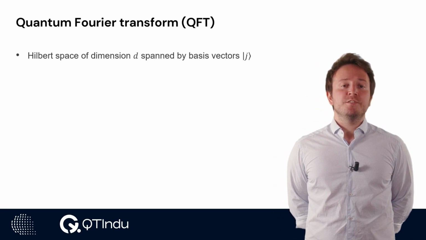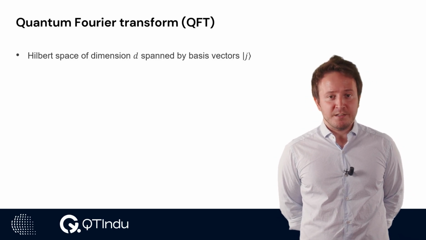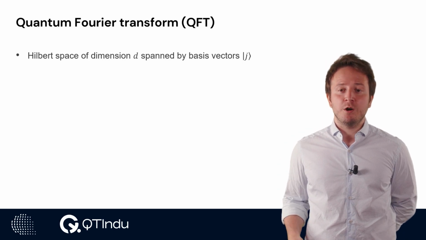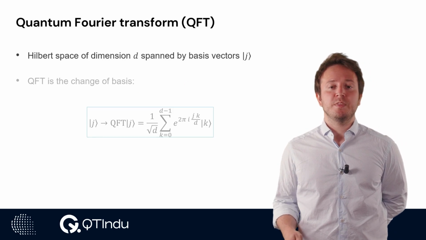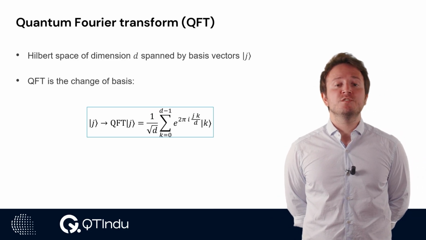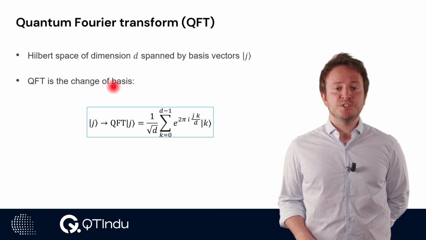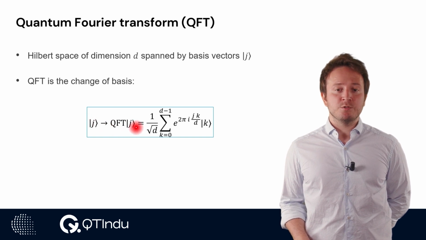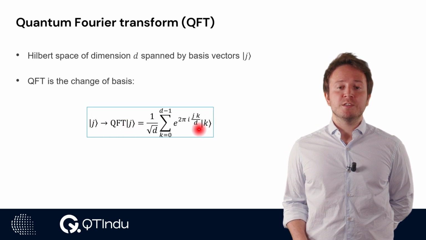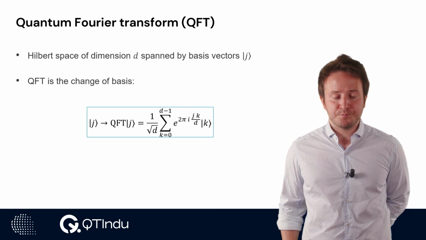To define the quantum Fourier transform, let's consider a Hilbert space that has dimension d, which is spanned by certain basis vectors that we now call |j>. Now, the quantum Fourier transform is nothing else but a change of basis that maps this |j> unit vector into the quantum Fourier transform of |j>, which essentially is the sum of all the unit vectors with a certain phase factor.